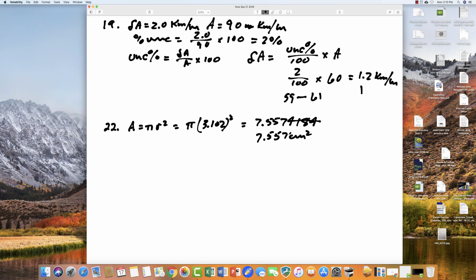Number 29, and this is an approximation. It says, how many heartbeats are there in a lifetime? Now you have to make an assumption here, and I think we actually did this as a quiz question, but we have to assume that the average person has 70 beats per minute. And if you make a different assumption on your homework, I will not count off.